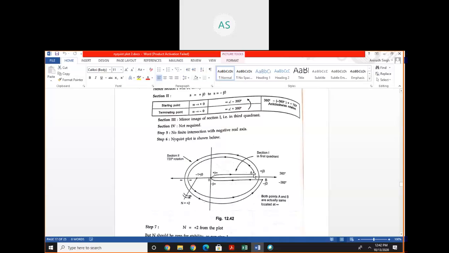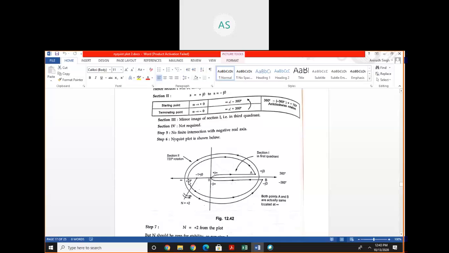When omega tends to minus 0, we get the same angle as in the previous case, and when omega tends to minus infinity, magnitude is infinity and angle is plus 360. So the angle of rotation is 720 degrees anti-clockwise rotation.